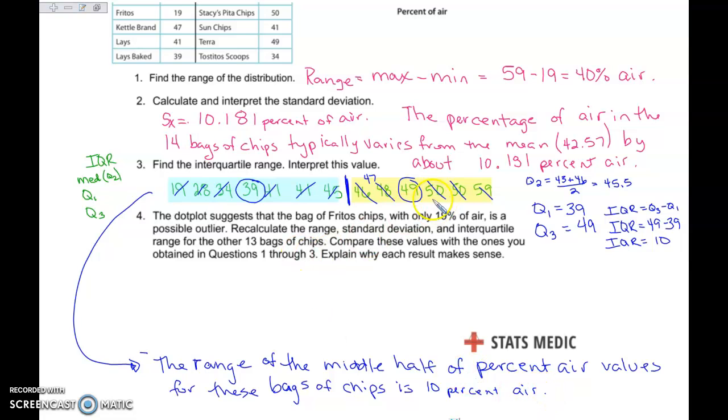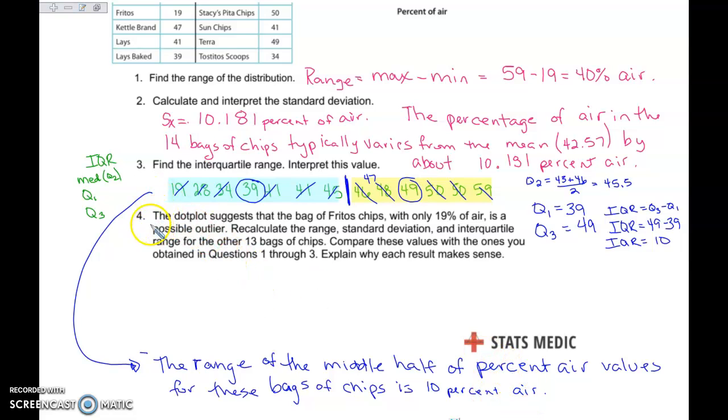Okay, so you're just explaining this is the middle half, so it's taking the very middle half chunk, subtracting it to find that range is 10% error. So the range of the middle half of percentage error values for these bags of chips is 10%.